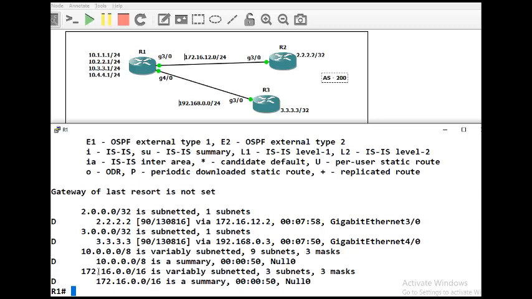What does router 1 say? Router 1 says, hey, if I need to advertise a summary route, anything that I want to summarize, it should be there in the routing table. If it is not in the routing table, how will I advertise? See, in the routing table, it was not there earlier.